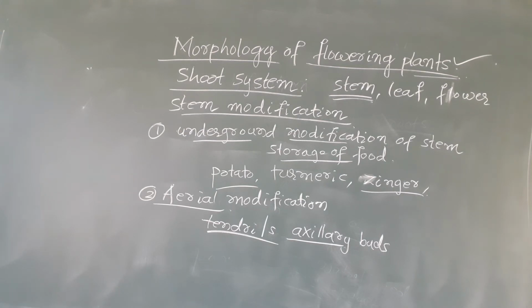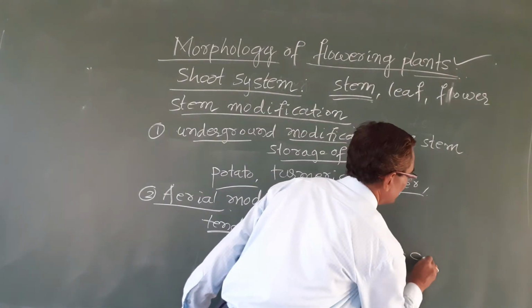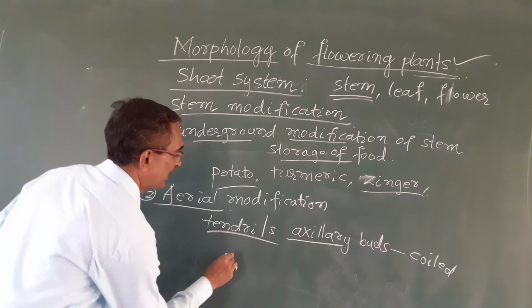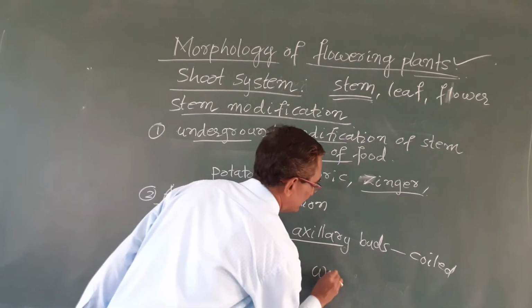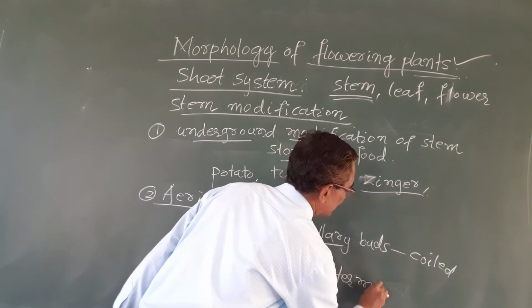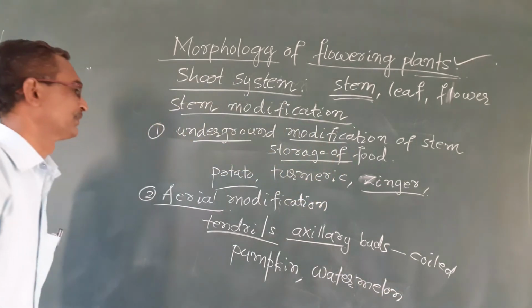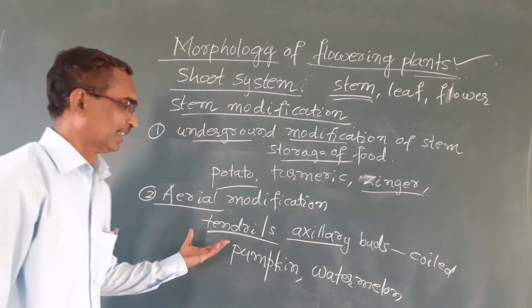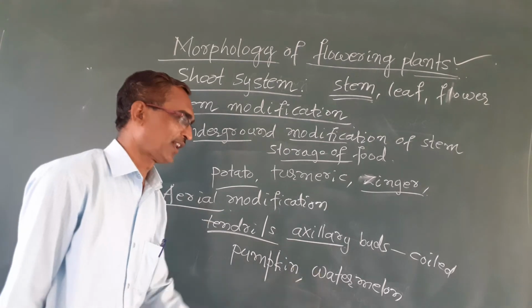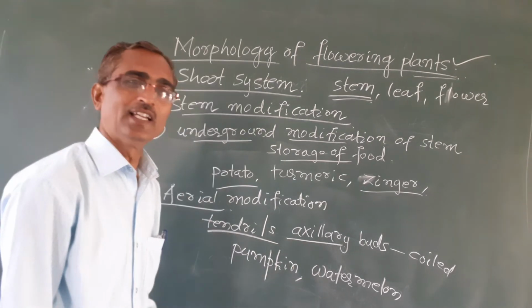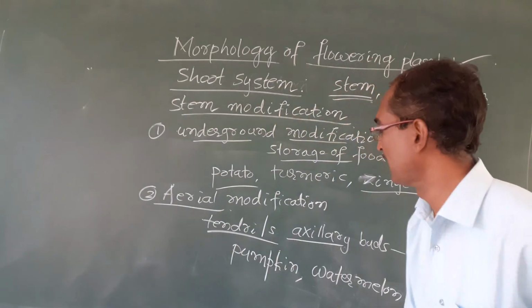Okay, they are spirally coiled. An example: pumpkin, watermelon, etc. In the case of pumpkin and watermelon, the stem is modified into tendrils.